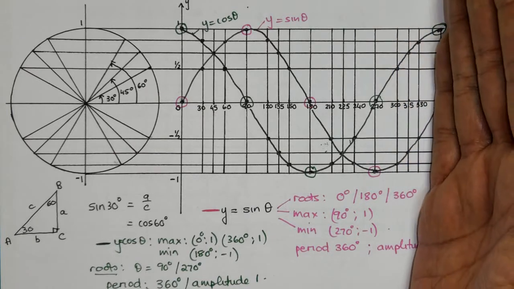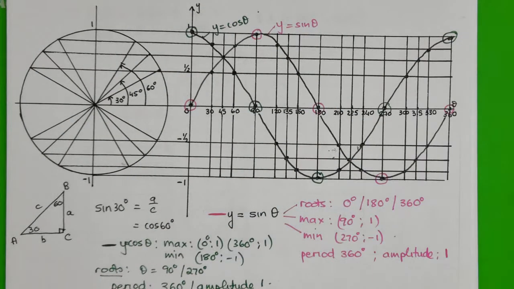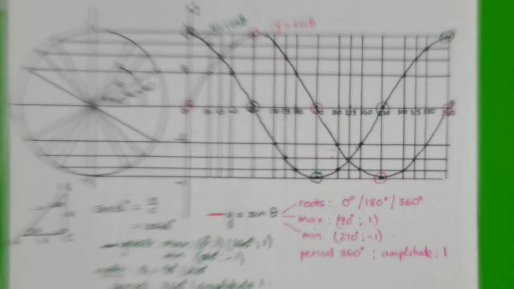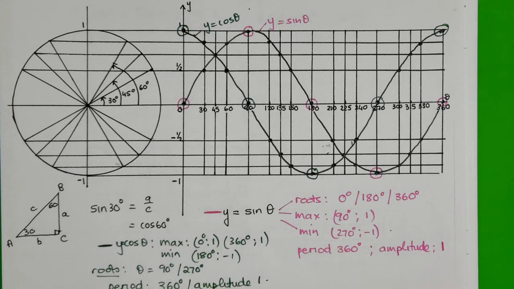So the sine graph translated 90 degrees forms the cosine graph. Very important to realize that, and that also is the basis for your complementary ratios. So everything that we've learned about the sine graph is true for the cosine graph in terms of the transformations that we've looked at.